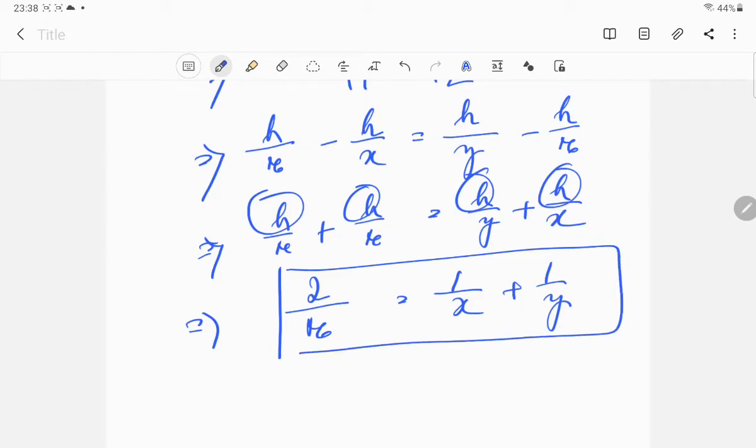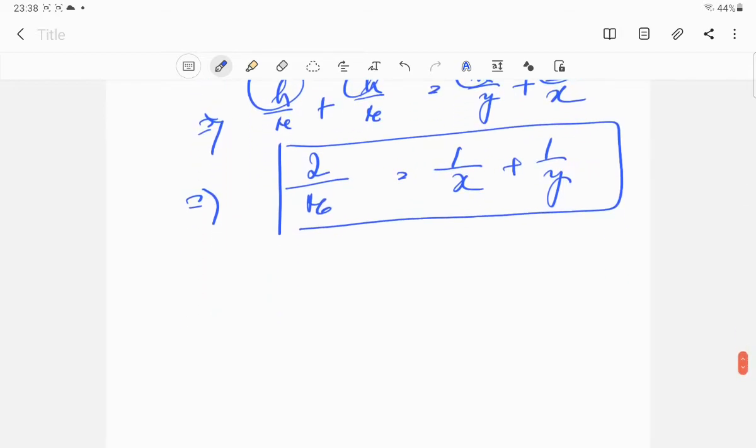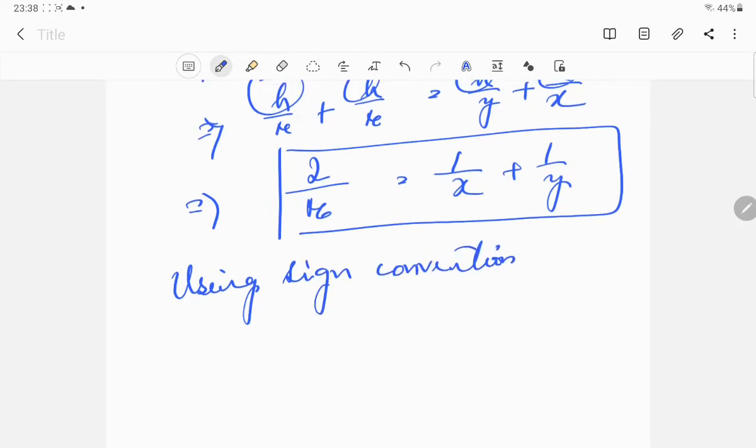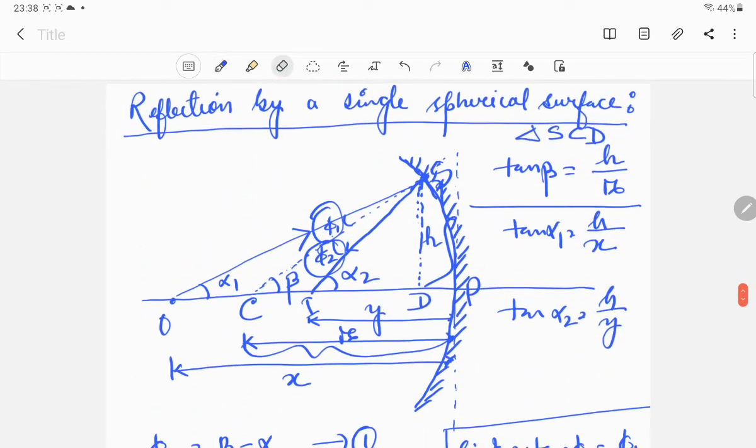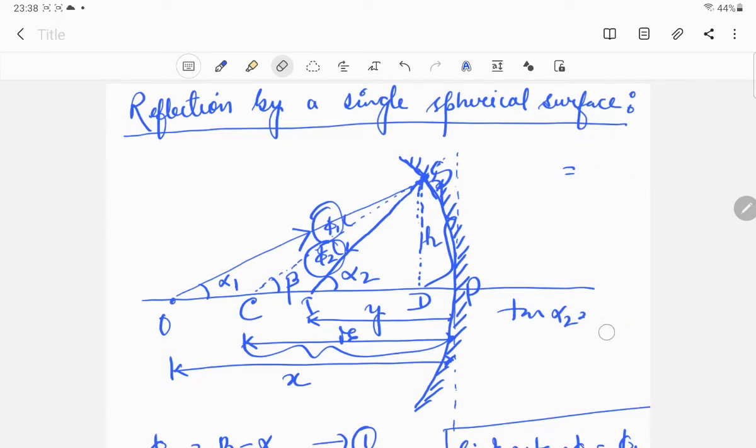This is what we wanted to obtain, but again using sign convention. Okay, let's go back to the diagram. Now it is time to remove all this. This is not required, we have done what we were supposed to do here.